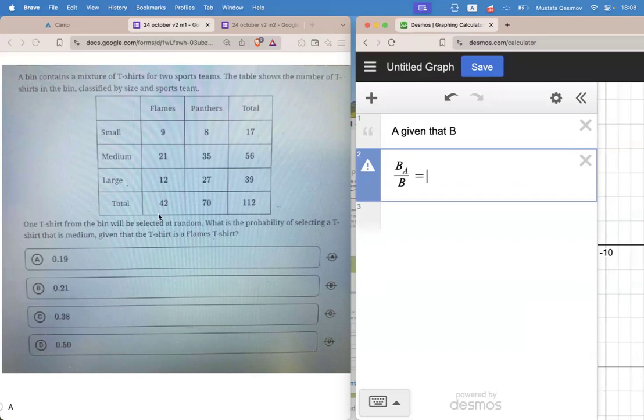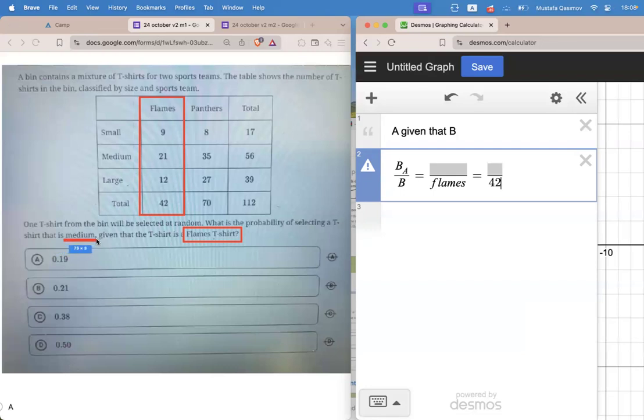Okay, here what does it say? After given that, it says the t-shirt is a flames t-shirt, right? So we must take that part and we must write it in the denominator. So let's also write here flames, and it is equal to 42. And in the first part it says it is a medium. Then we must look here, medium.